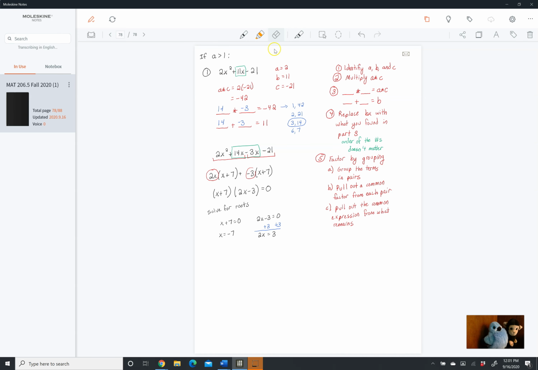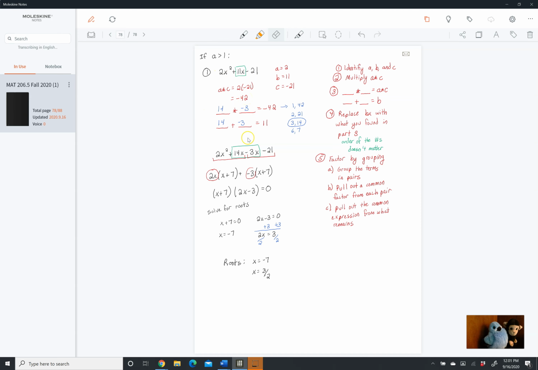Then you would divide both sides by 2. Okay, and you get that your roots are x equals negative 7 and x equals 3 halves. Those are your roots.